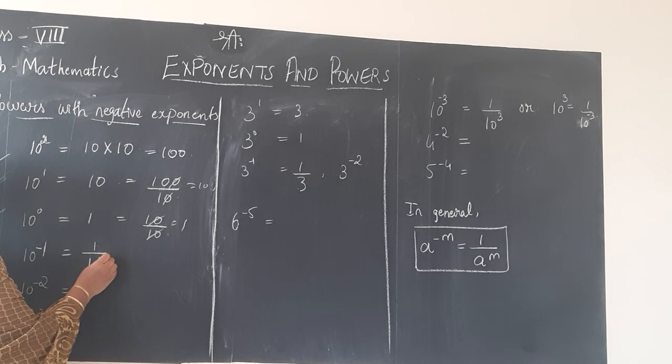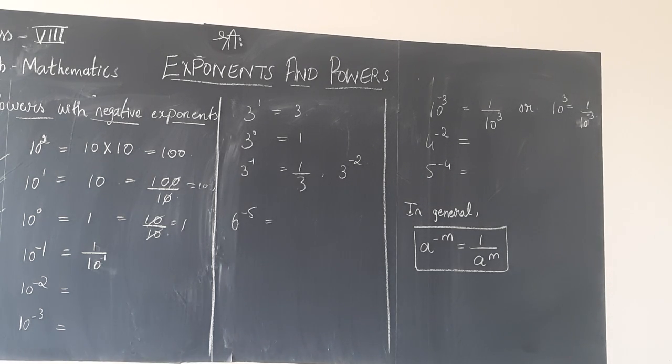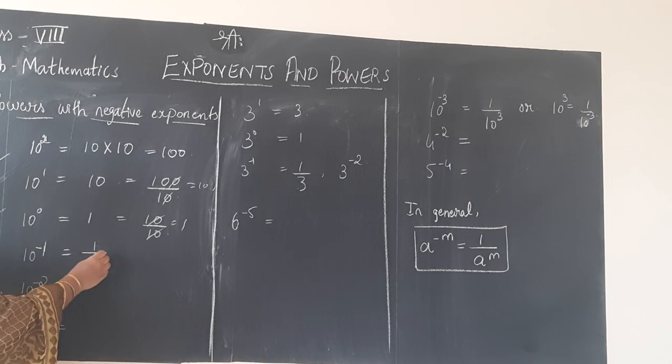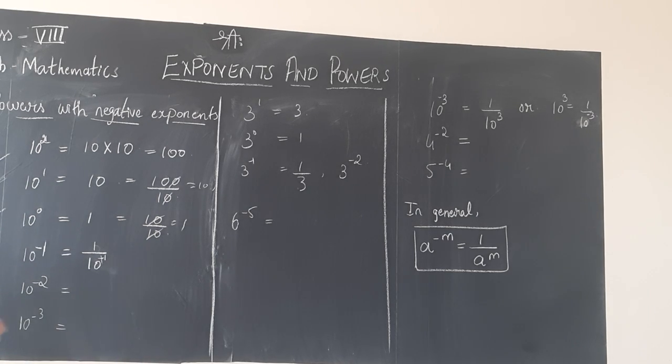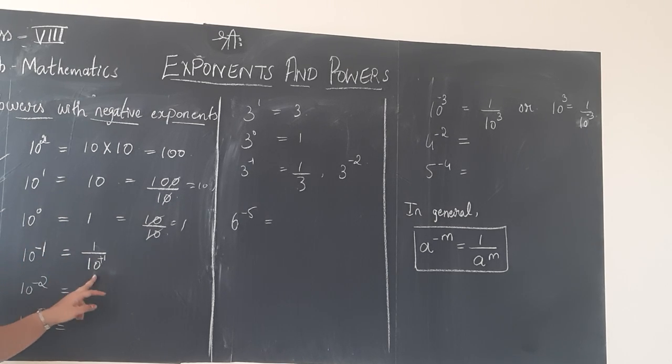So, you will write minus 1 here. Since minus 1 is here, children, when you send minus 1 to denominator, you are doing nothing but sending this exponent, or you can say whole number, to the denominator. Then the number and exponent remains the same, but the sign will change from minus to plus.